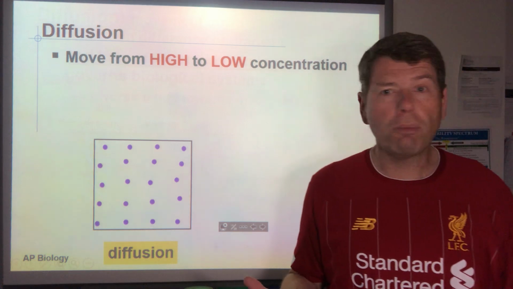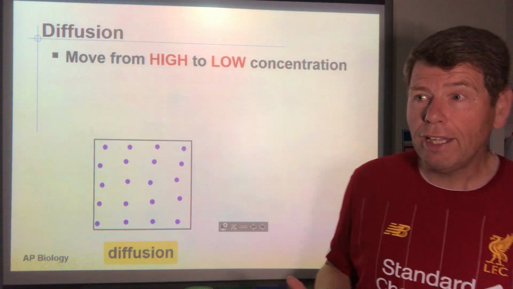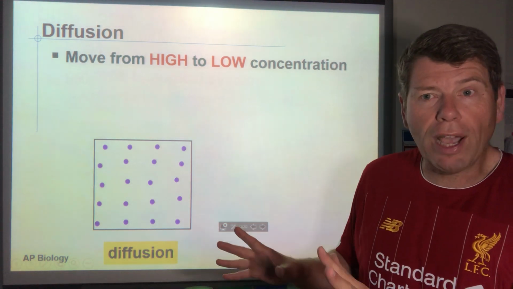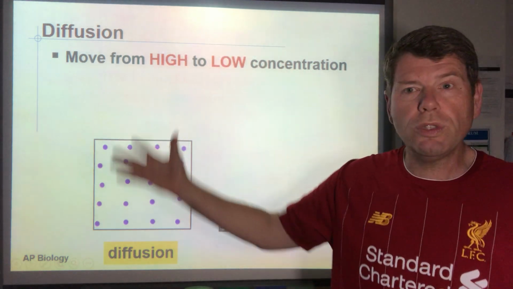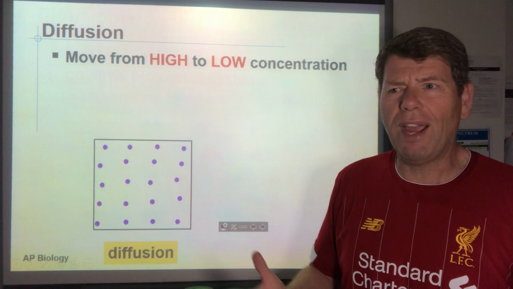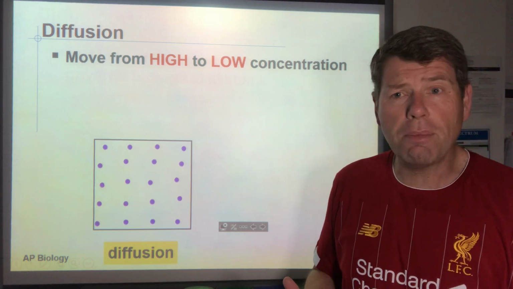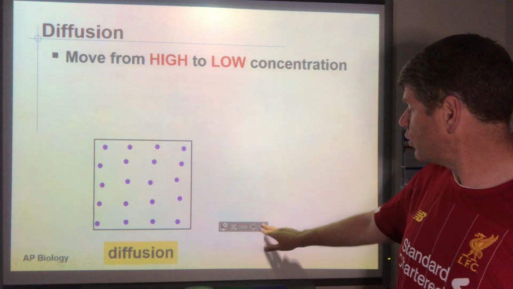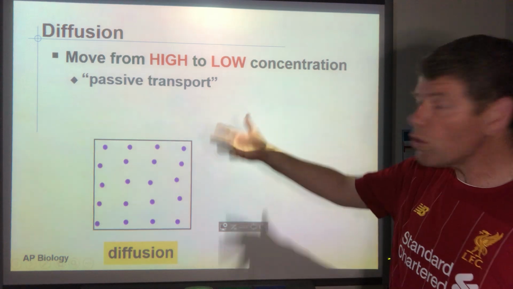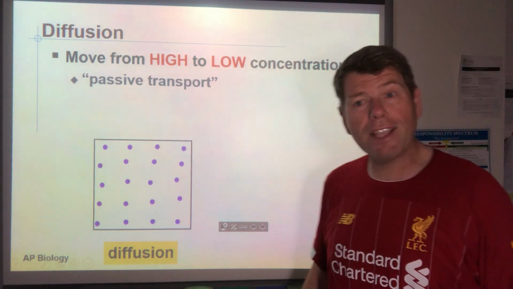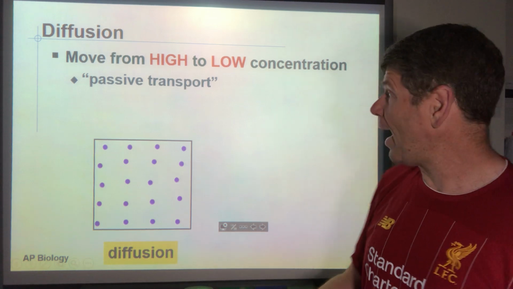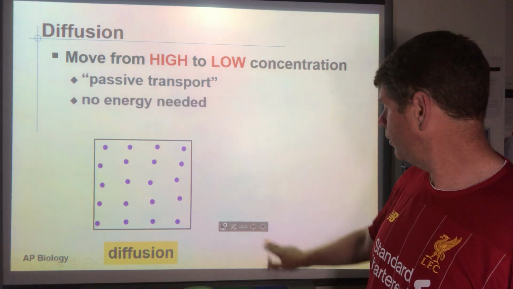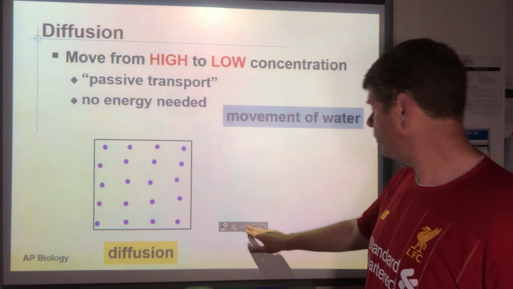You know, if somebody brings a bowl of popcorn or is making popcorn in one area of your house, it doesn't take too long for the smell of that popcorn to diffuse throughout the whole house. There doesn't even need to be a barrier for those molecules to go through. It's also considered a form of passive transport. Passive meaning it doesn't require any energy to make it happen. Okay? No energy needed.